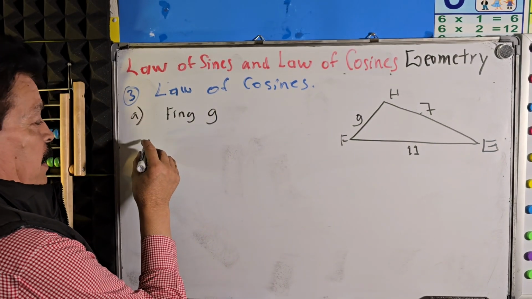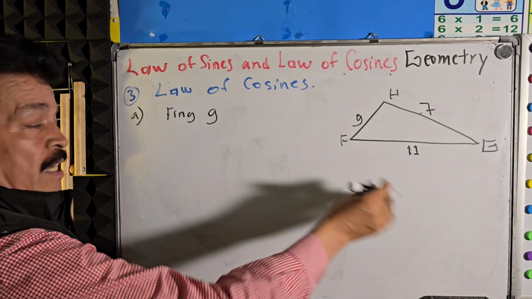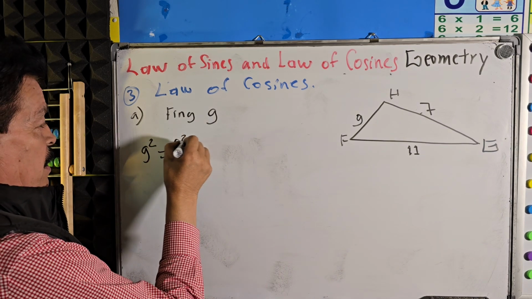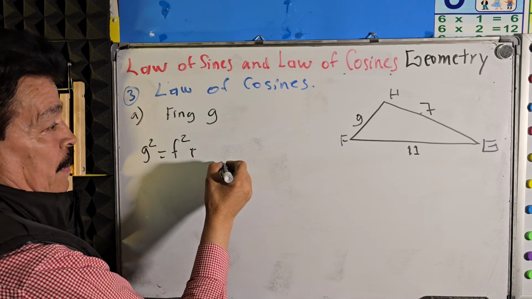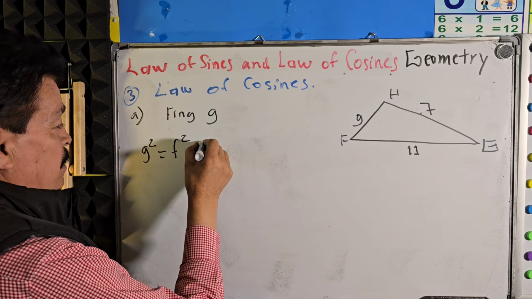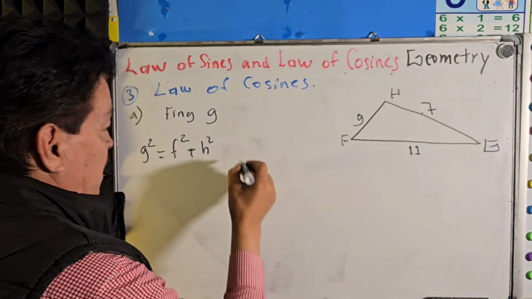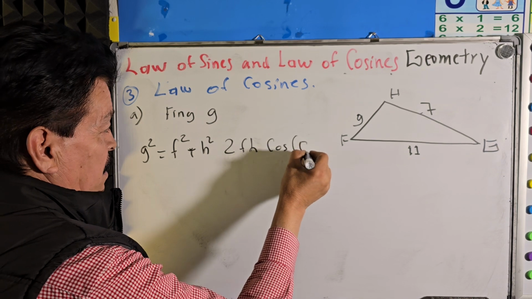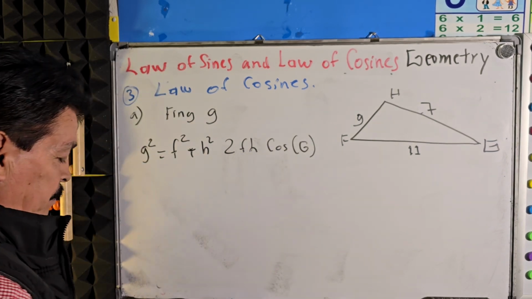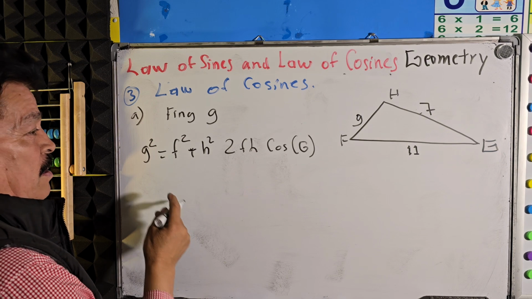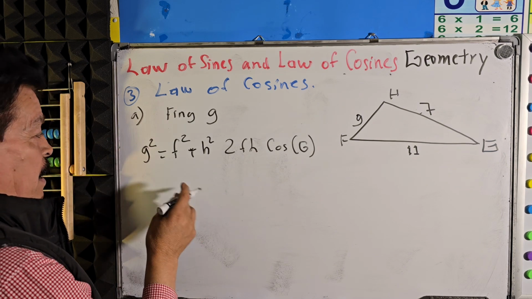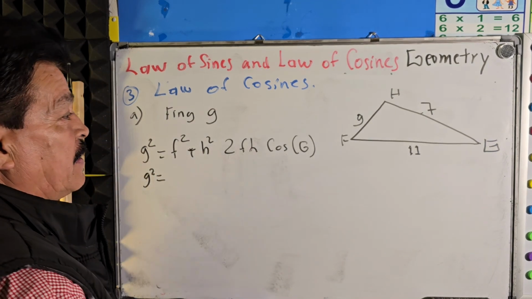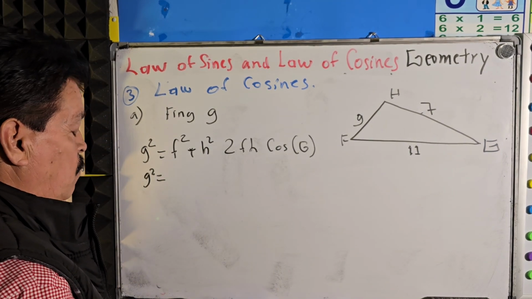So here, after the information that I wrote, just write G squared equals F squared plus H squared minus 2FH cos of G. All right? If we substitute this, you must write G squared equals, now give it the numbers. How much is F squared?